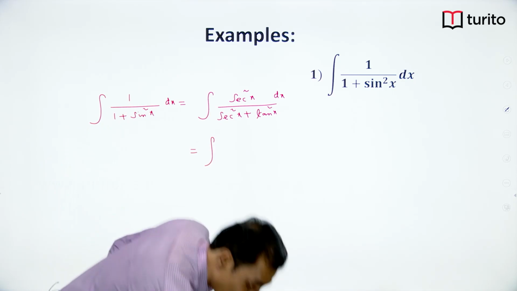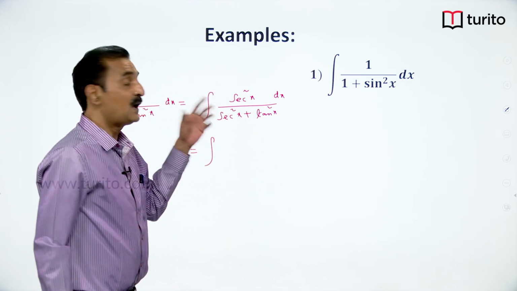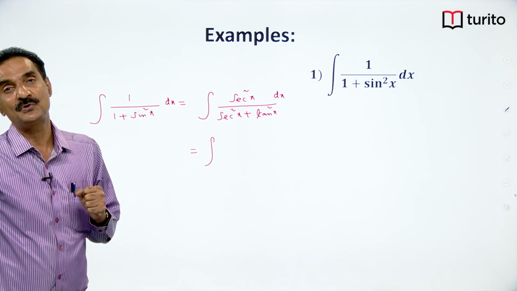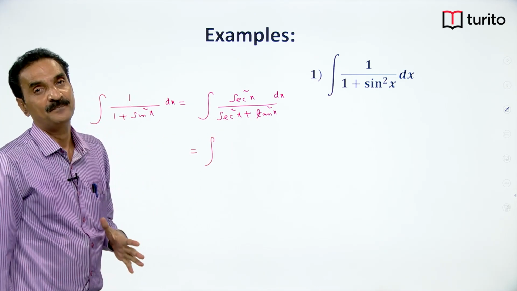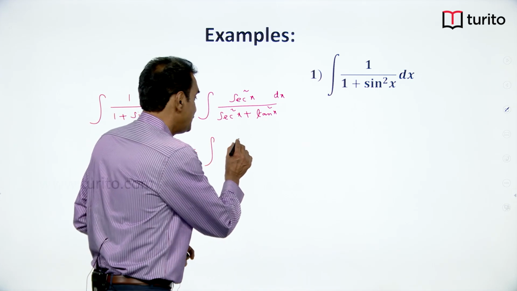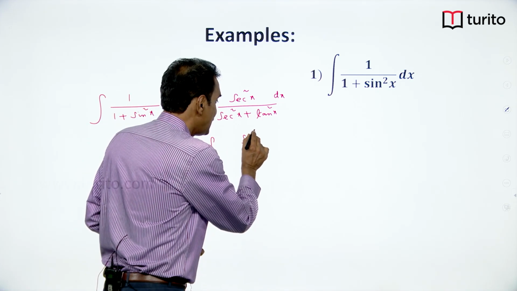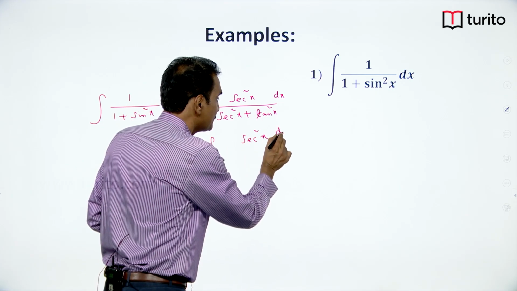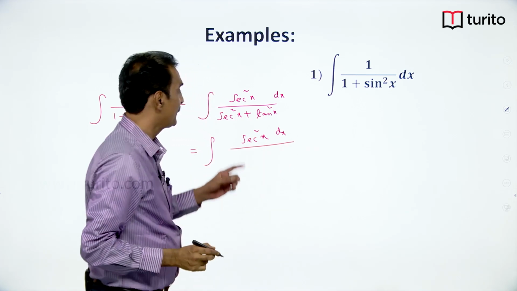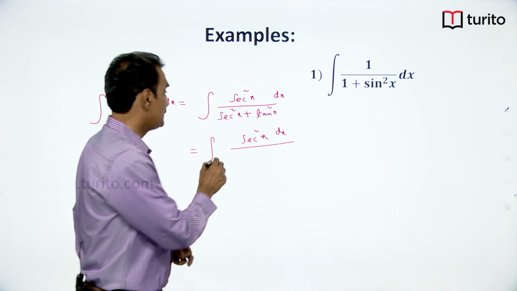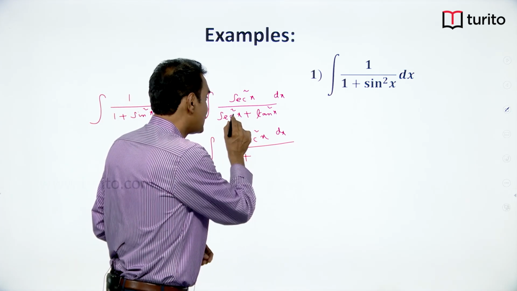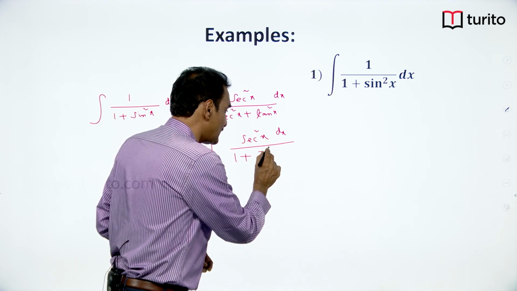Now, we are going to substitute tan x is equal to t. So, you should write the denominator in terms of t. Integral secant square x dx upon, if you write secant square x as 1 plus tan square x, it will be 1 plus tan square x plus tan square x, 2 tan square x.